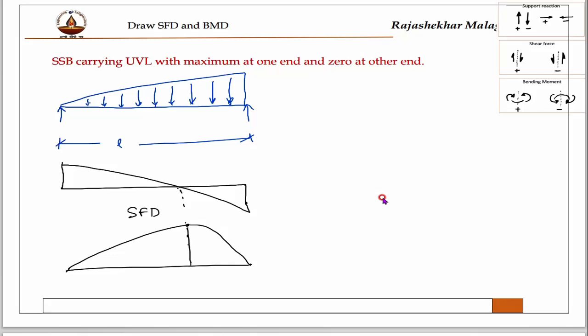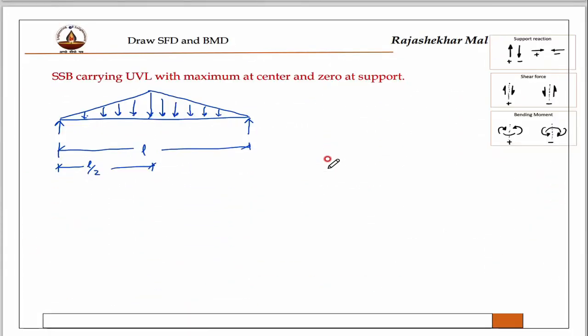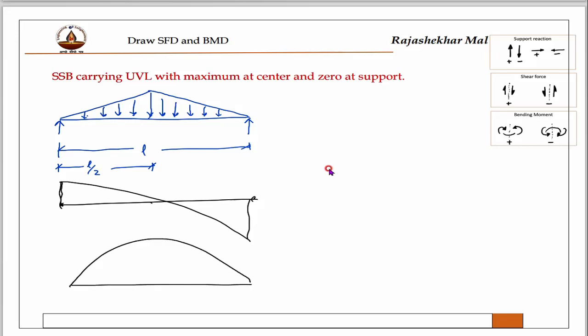Then it is your duty to find out this one and this one, right? Over. In the same way, this shear force diagram shape will be like this, and bending moment diagram like this.